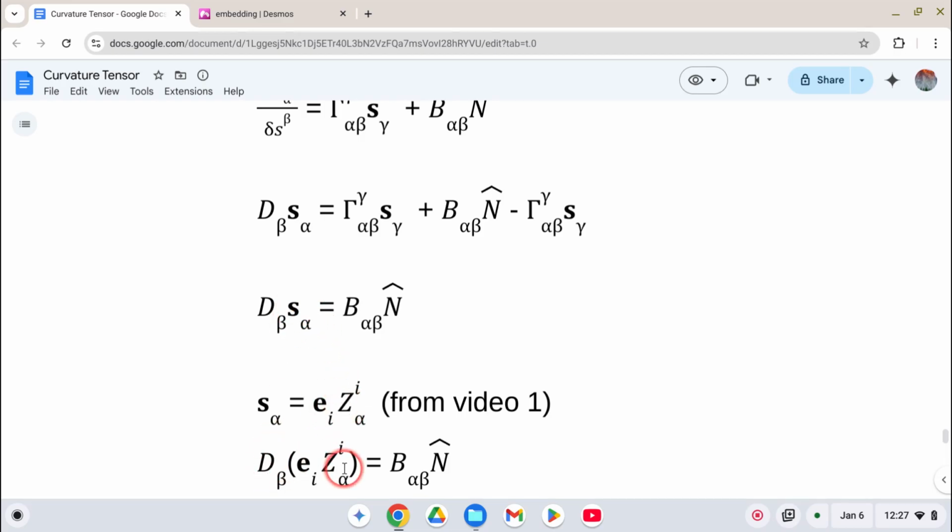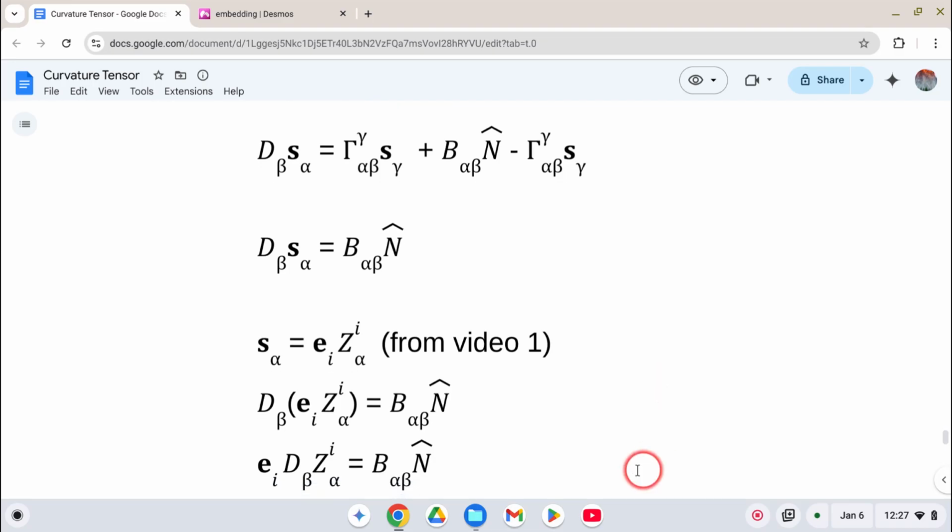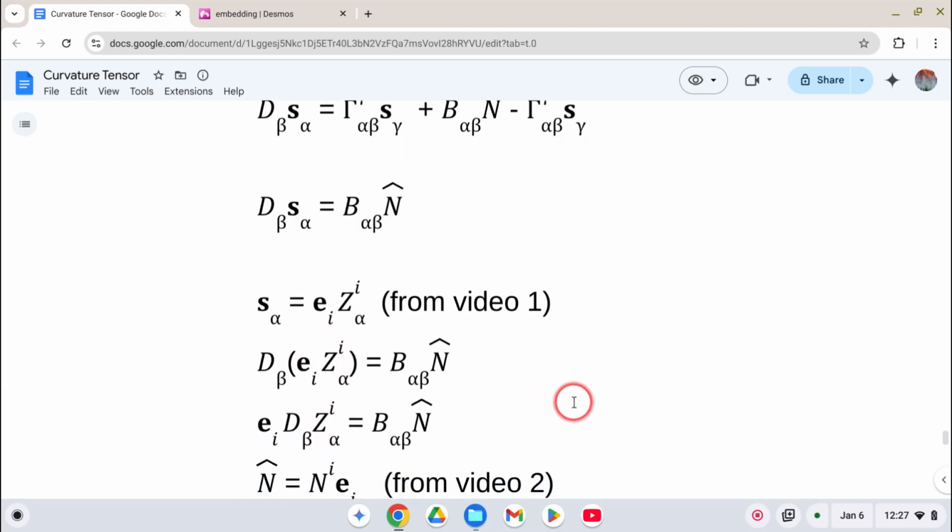We get this expression. We can pull this outside because when you take this derivative, you should use the product rule. And if we did, we'd find out that the derivative of these basis vectors is just 0. So the only thing left is this times the derivative of that. That's what this means, okay?